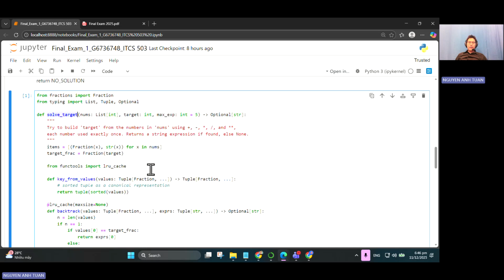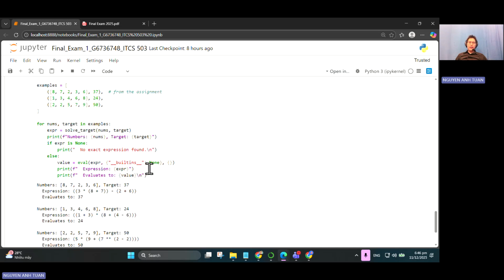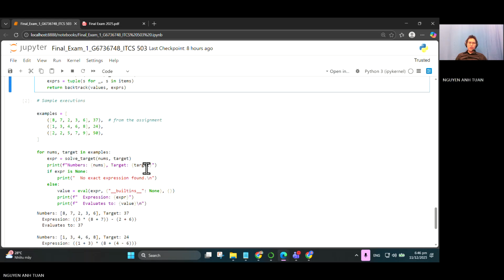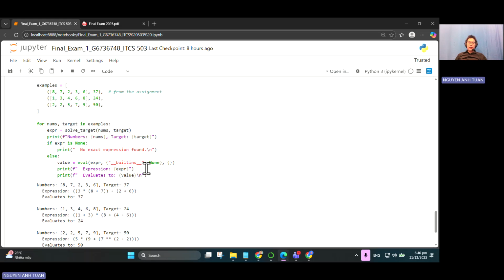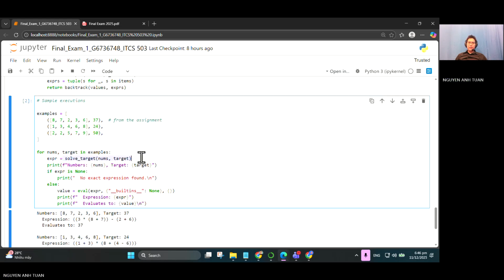The second cell runs the sample executions. For each pair of numbers and target, it calls the solve target function.